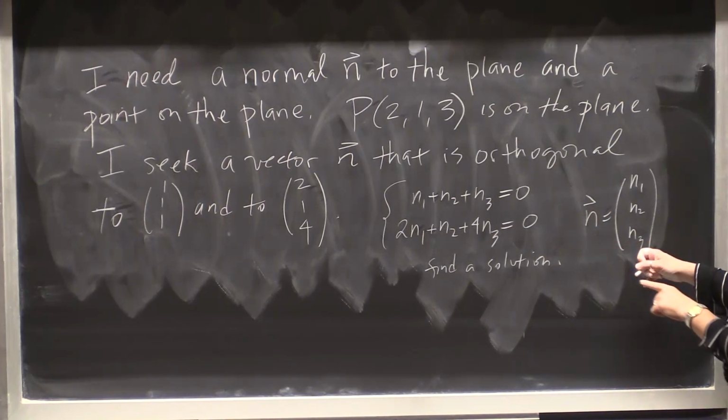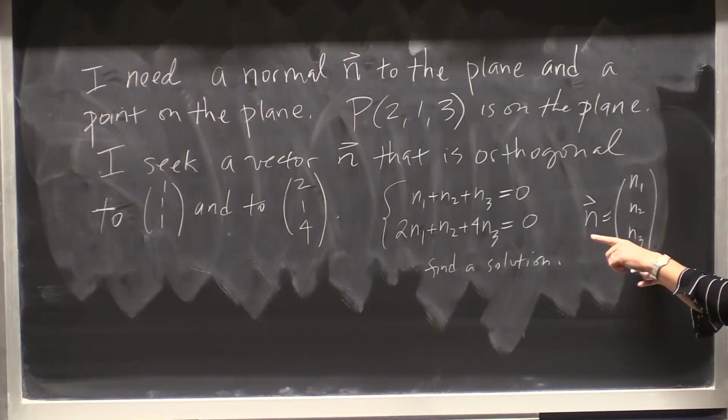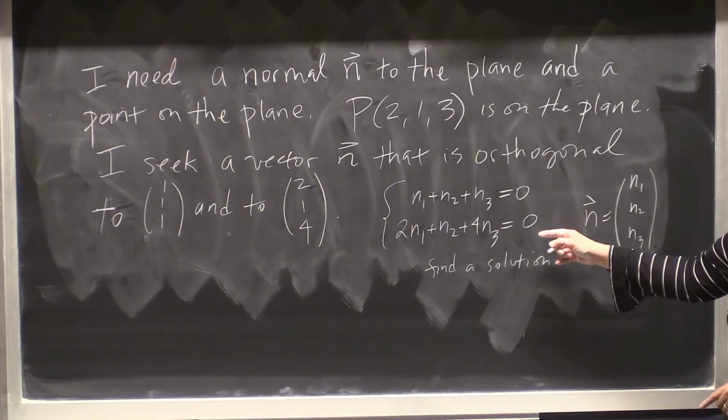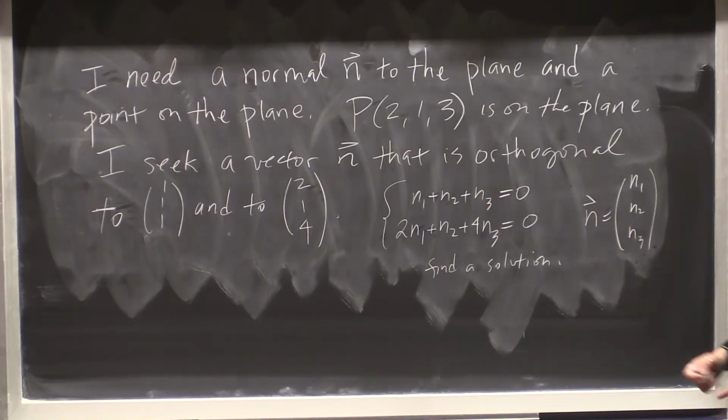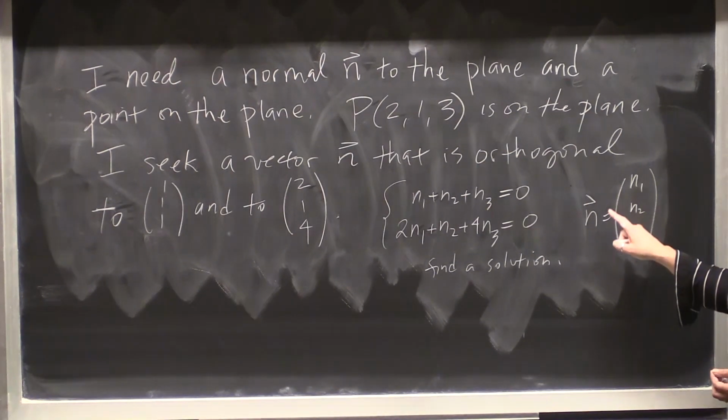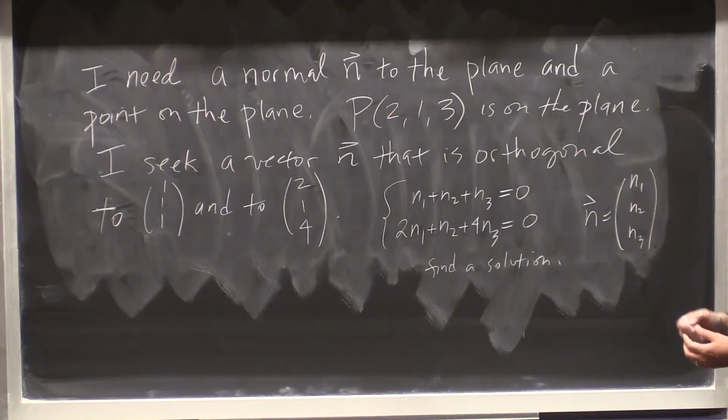And then I asked that it also be orthogonal to (2, 1, 4). That's the second equation. Here I have two equations, three unknowns. I'm going to have infinitely many solutions. That one free parameter is just that I can put any multiplier other than 0 in front of n and still have something orthogonal to the plane. It just might be longer, shorter, or flipped in direction.